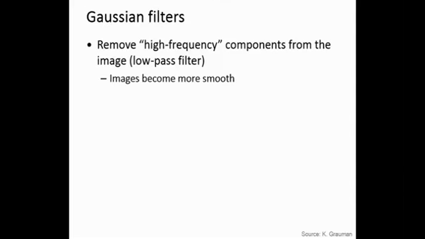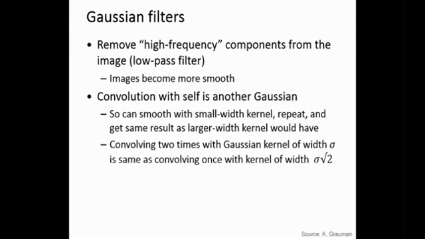So a little bit more about the Gaussian. The Gaussian removes high-frequency components from the image, so it's called a low-pass filter because it lets the low frequencies through. And the perceptual result is that the images become more smooth. If you convolve a Gaussian with a Gaussian, you get another Gaussian. One thing that can be helpful with knowing that is that you can make a big smoother by doing a lot of small smoothing operations.